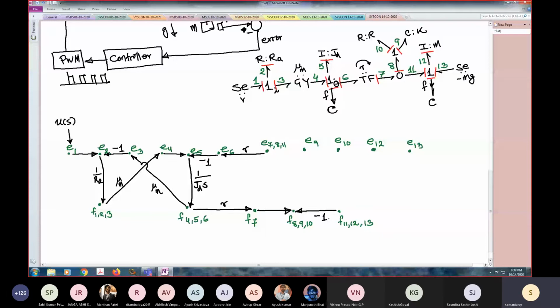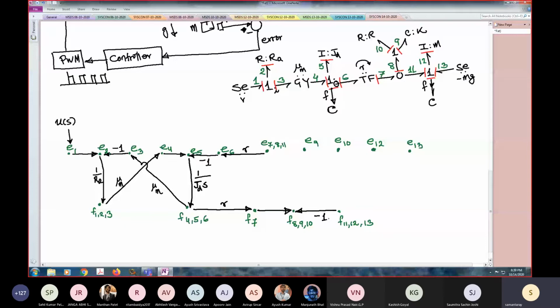We move to one of the one junctions, let's say 8, 9, 10. At one junction 8, 9, 10, flows are equal, which is already put. Now we have a strong bond, that is bond number 8. So effort in bond number 8 as per power directions is E9 plus E10.